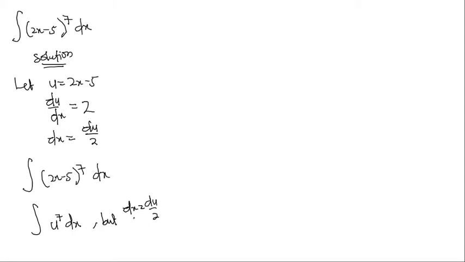So if we substitute dx in place of this, we now have the integral of u power 7 multiplied by du on 2. So this can become, this is on 2, so we can write it as half multiplied by u power 7 du.